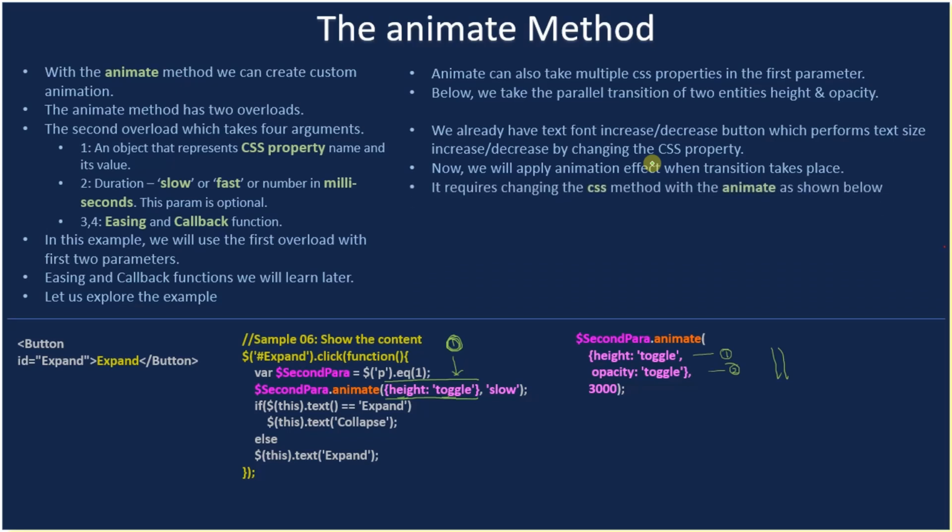It requires changing the CSS method with the animate method as shown below. We have paragraphs, and instead of .css, here we are making a call to the animate method, .animate, and we specify font size. This is the CSS property, like we did here, in curly braces, and the CSS property is font size, and here we are specifying the value.